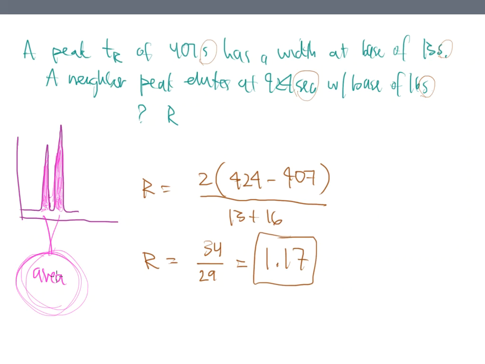And if they are not separated from each other, then that means that the areas will conflict with each other. And now all of a sudden, I'm using numbers and values that I'm really not certain go along with that peak. So it's very, very important for us to achieve very good areas in the very end. And the only way that we can do that is if we have very good peaks that are side by side.